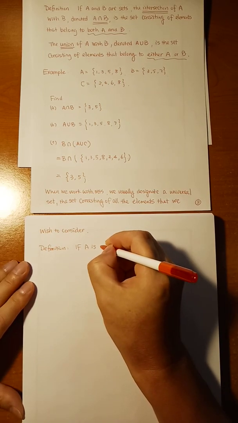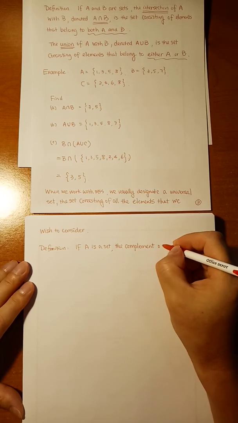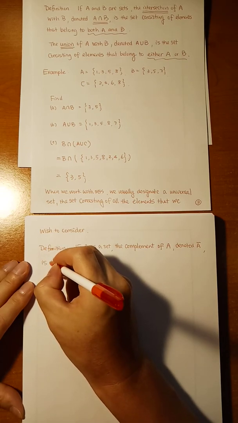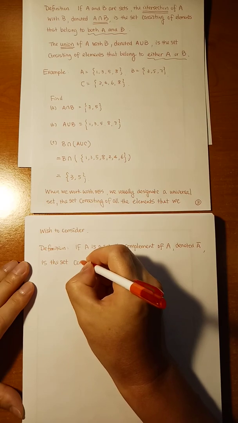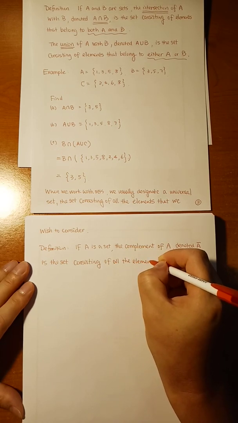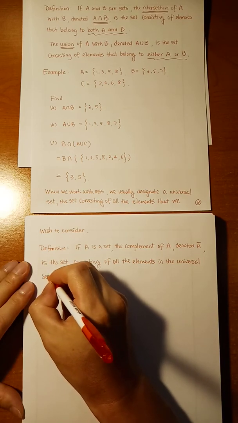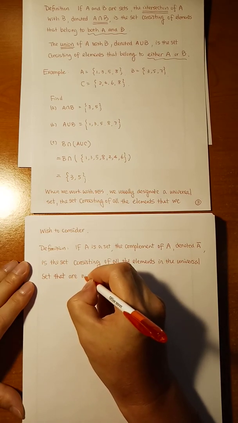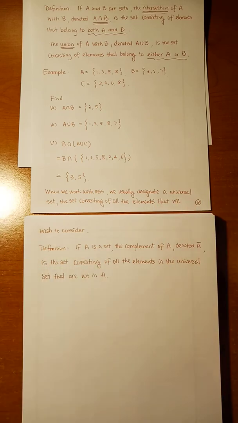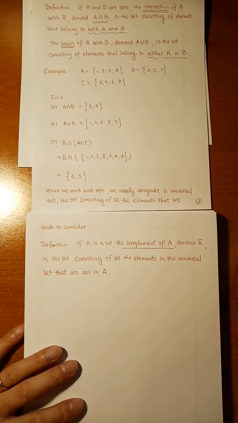If A is a set, the complement of A, denoted A bar, is the set consisting of all the elements in the universal set that are not in A. So it is in the consideration, but it's not in set A. That's in the complement of A. We use A bar. Right? So that's our complement.